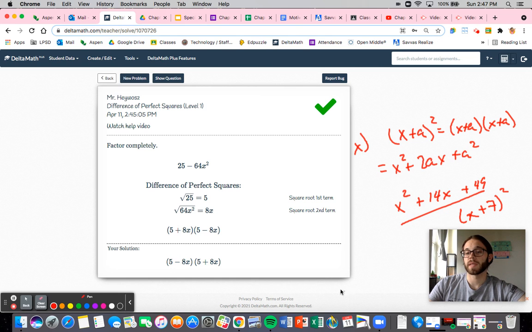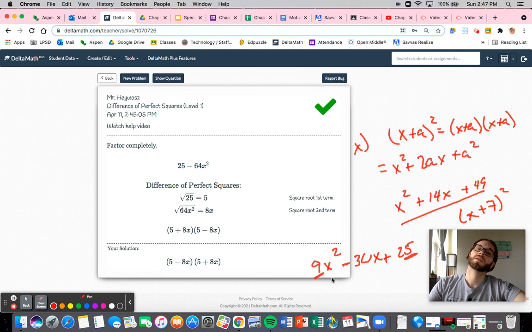You could even end up with a slightly trickier one, right? Like if I gave you something like 9x squared plus 25 minus 30x. This might not be readily present, but whenever you see a perfect square up front and you see a perfect square in the back, ultimately you should be on the lookout. And the reason you should comes down to the fact that, what's this?